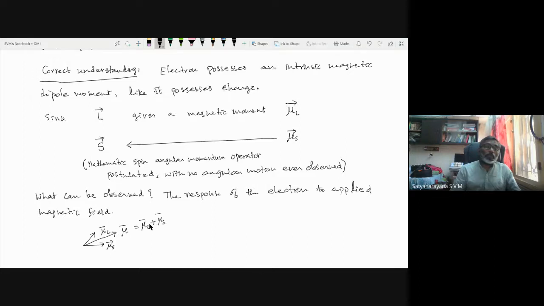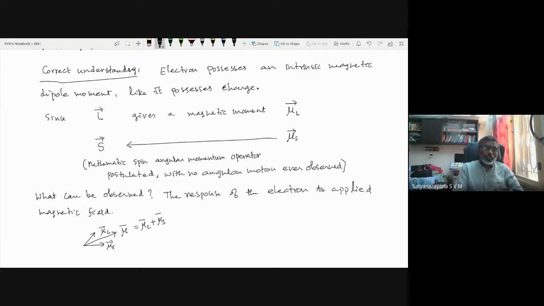That means you can actually add these magnetic moments like vectors, and the total net magnetic moment is what the electron responds with to the applied field. And because of this observation, we can also add the angular momenta at the level of L and S. So you can add L and S, even though L has a physical basis in classical physics, and S does not.